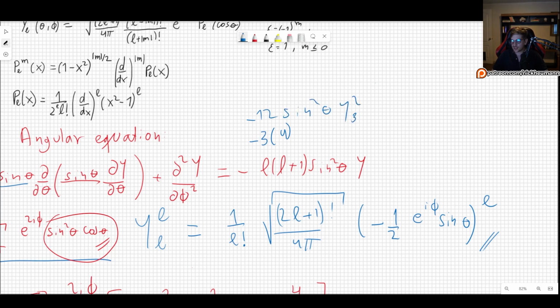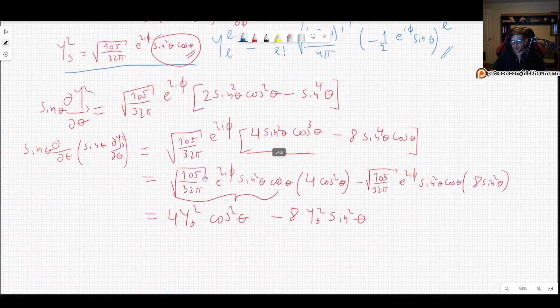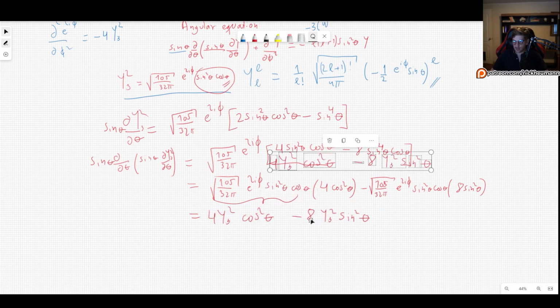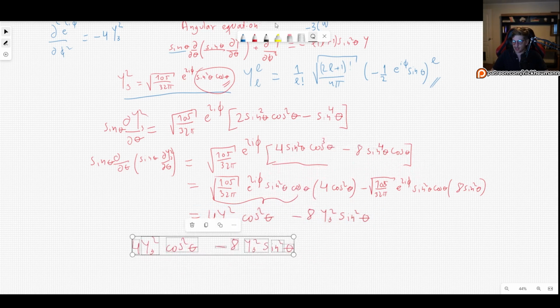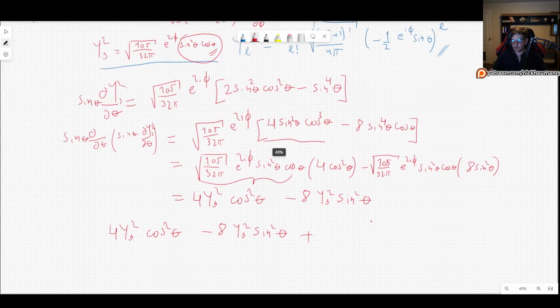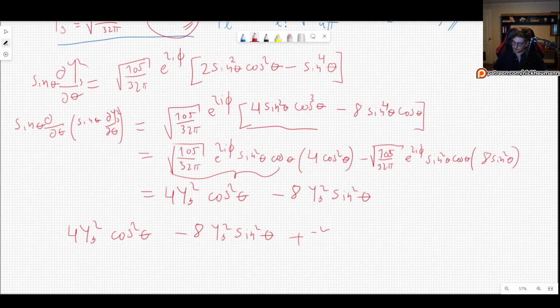Okay, so let's now just plug everything into the angular equation. So we start up with this thing right there. This is the first part. And then we have plus the part corresponding to this right there, which is minus 4 Y32.